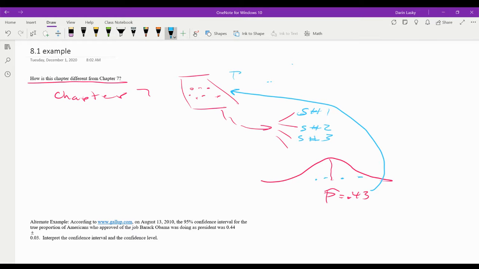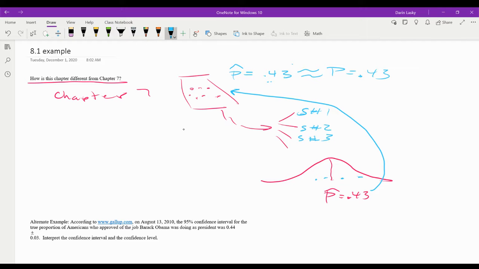So p hat is equal to 0.43. So therefore, p has got to be 0.43, or pretty close to 0.43.